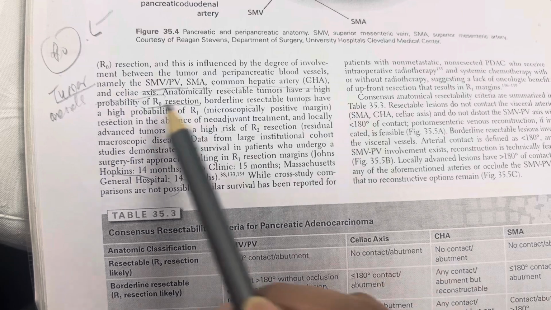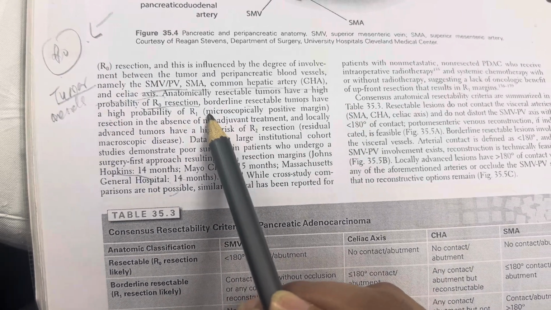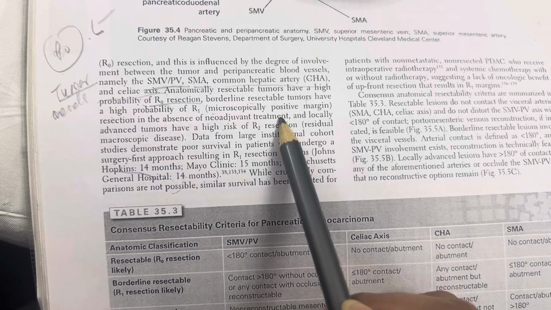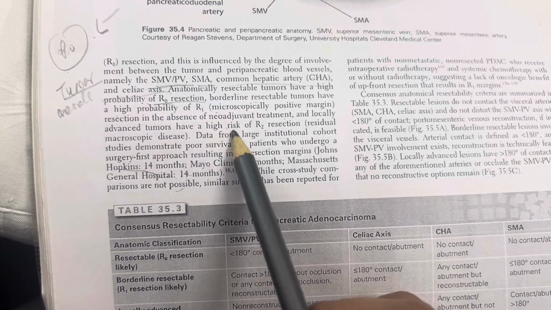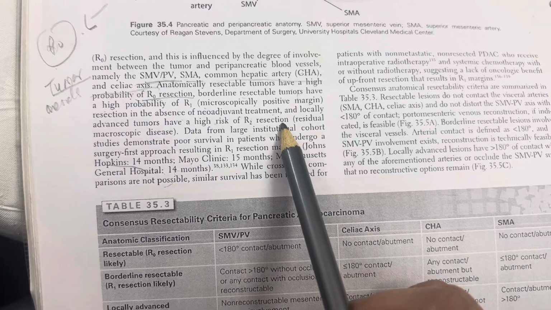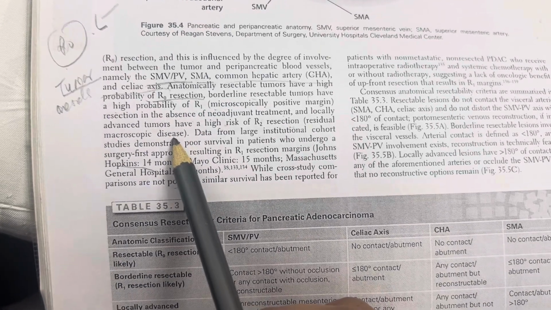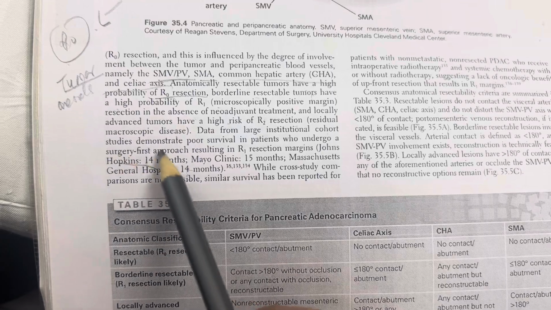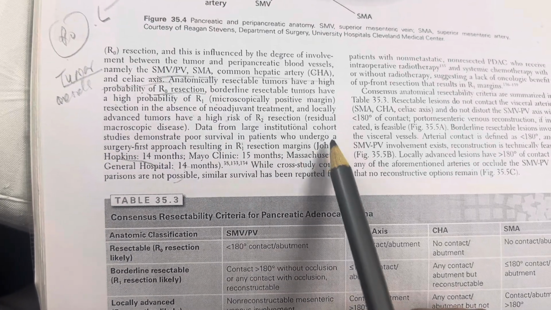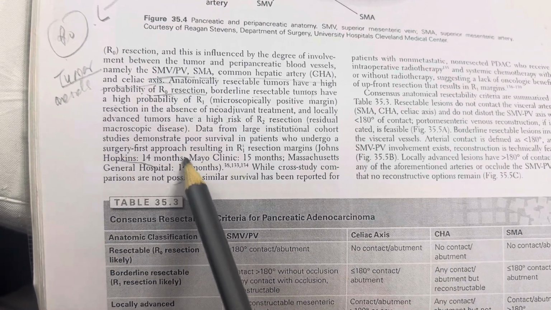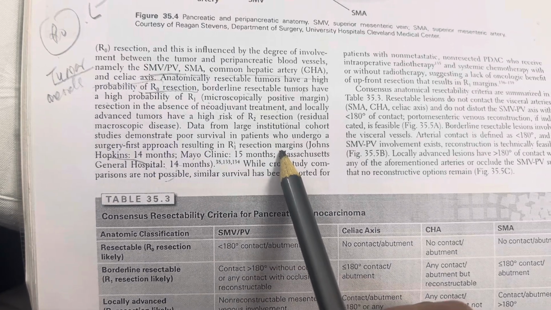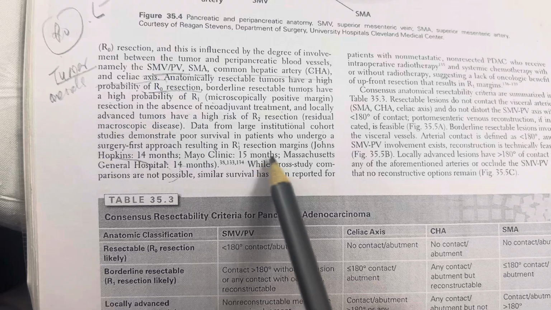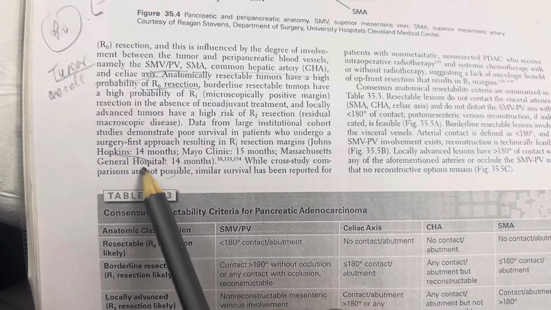Borderline resectable tumors have a high probability of R1, microscopically positive margin resection, in the absence of neoadjuvant treatment. Locally advanced tumors have a high risk of R2 resection, that is residual macroscopic disease. Data from large institutional cohort studies demonstrate poor survival in patients who undergo a surgery-first approach resulting in R1 resection margins: Johns Hopkins 14 months, Mayo Clinic 15 months, and Massachusetts General Hospital 14 months.